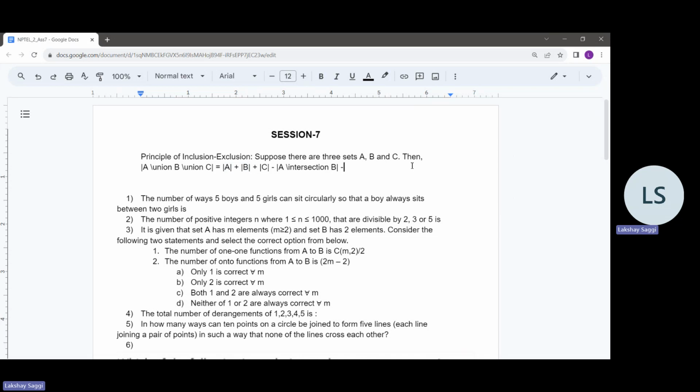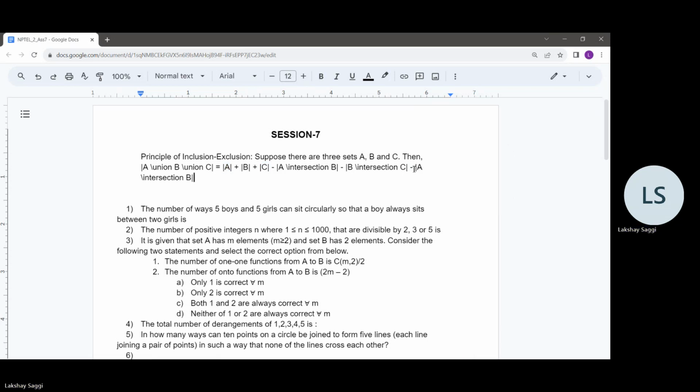Similarly, we would also have counted the elements in B intersection C twice. So we subtract this B intersection C term also. Similarly, we would have counted C and A twice also. So we subtract that also. So this is C intersection A. But now while subtracting, we would have subtracted the term A intersection B intersection C thrice.